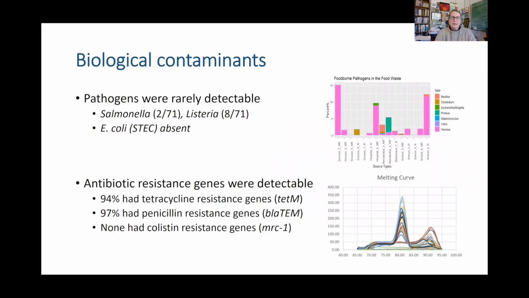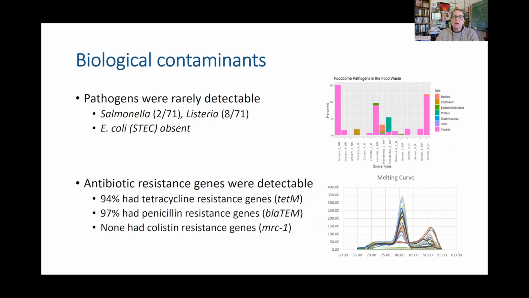The last group of contaminants that I looked at were biological contaminants. We rarely detected pathogens in the samples, so that's testament to the safety of our food system in the US. We did high throughput sequencing to see if we could find pathogens that we weren't looking for, and we did find some genera that contain pathogens, but that aren't exclusively pathogenic bacteria.